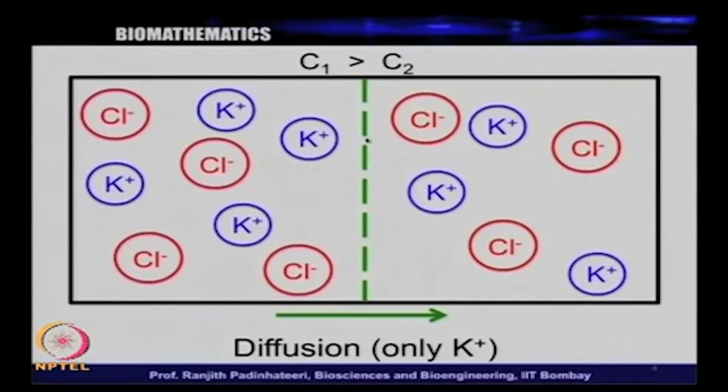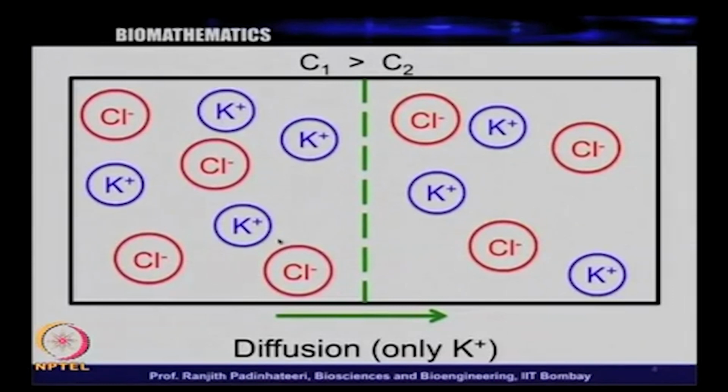What I want to represent by this picture is that in this part of the partition, you have more K plus than this part. There is an equal number of K plus and Cl minus, 4 K plus and 4 Cl minus on this side.